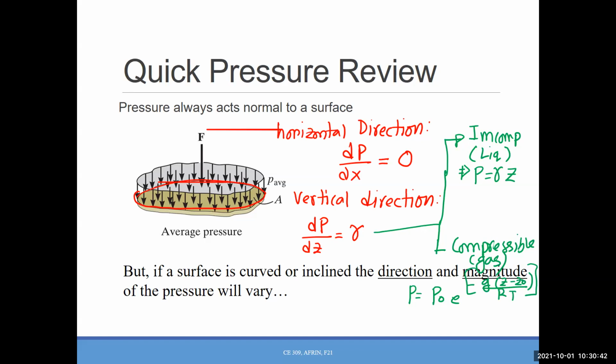So we know in the vertical direction the pressure will be different at different points, right? For the next few classes, that's what we will try to learn. How can we find a combined force or resultant force for this pressure distribution?